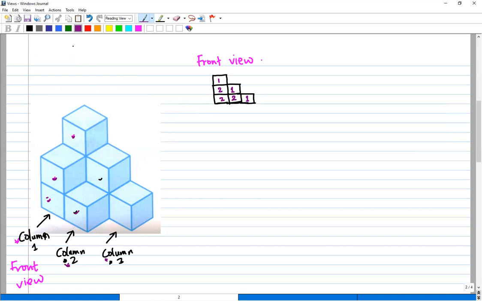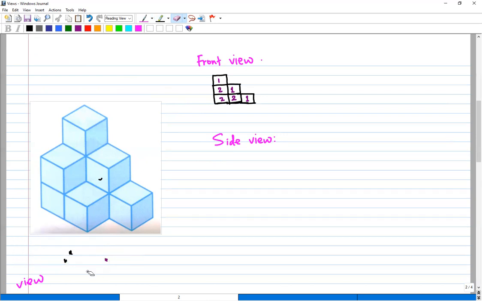Okay? Let's talk about the side view. Side view. Okay, so let me erase this so that everything can be seen clearly. Okay, now this is what we call the side view.